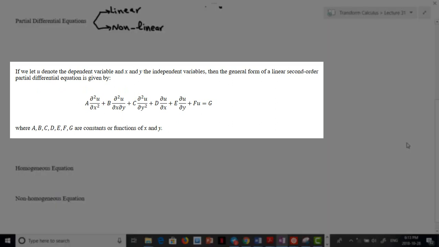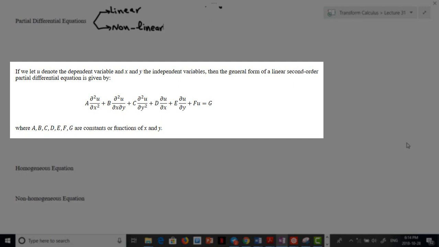If we let u denote the dependent variable and x and y the independent variables, then the general form of a linear second order partial differential equation is: a times the second derivative of u with respect to x, plus b times the second derivative of u with respect to x and y, plus c times the second derivative of u with respect to y, plus d times the derivative of u with respect to x, plus e times the derivative of u with respect to y, plus f u, is equal to g.